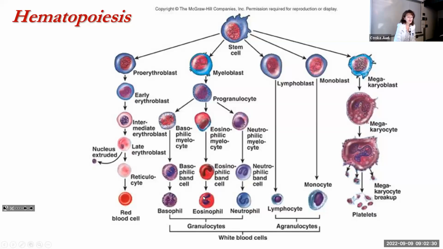Basophil, the blue one, eosinophil, the red one, and polys, the one with a nucleus which has 3 to 5 lobes. In the agranulocytes class, you will need to be able to recognize the lymphocyte and the monocyte. I want you to look not only at the color, but at the relative sizes of these cells. Lymphocyte is smaller, monocyte is the biggest cell.